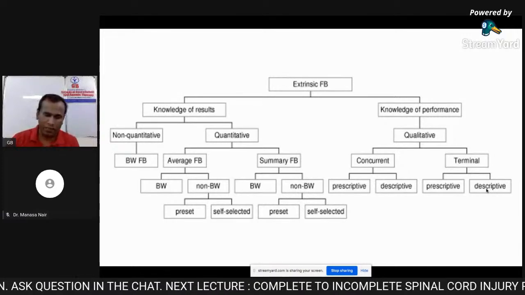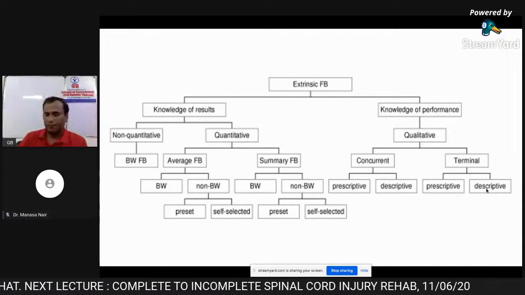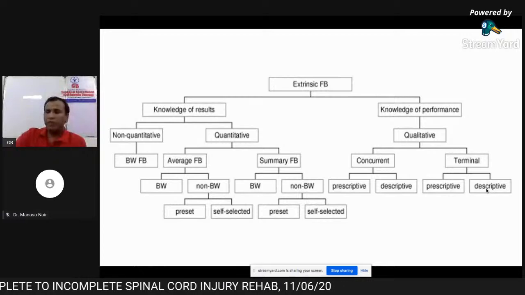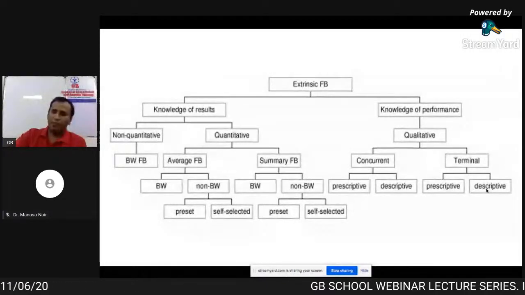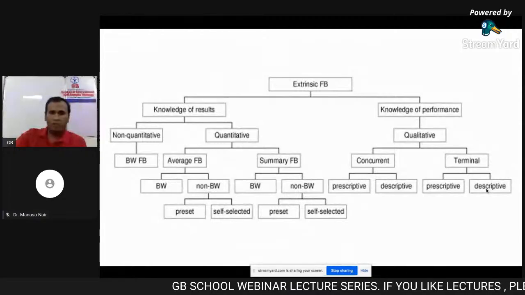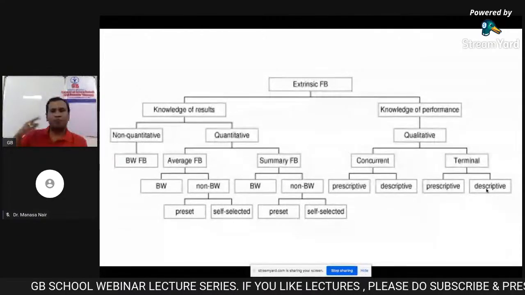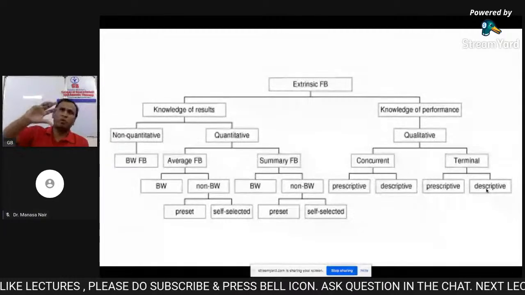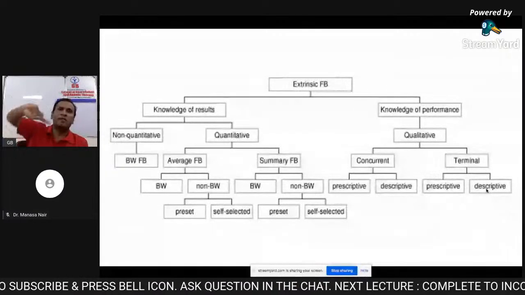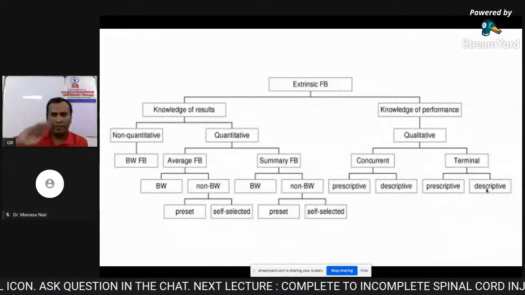Let me give you an example. All of you must have seen the Dance India Dance program. In that, Terence was giving a lot of descriptive feedback. He used to say, this is the position, you were not able to do this angle, you did it very fast or very slow.